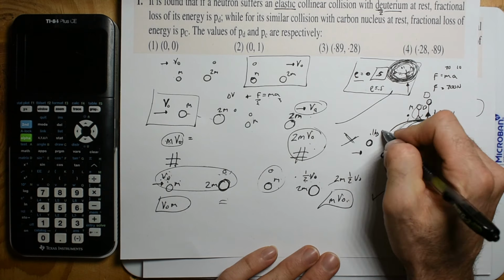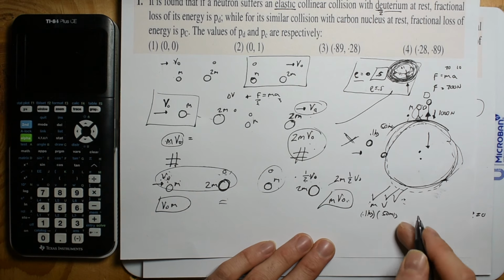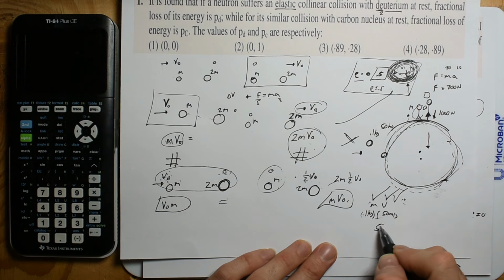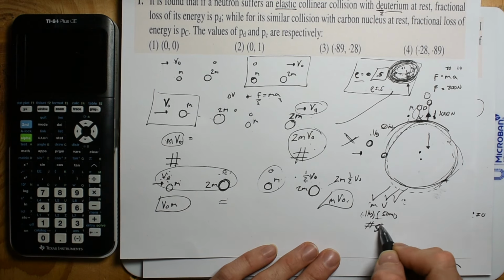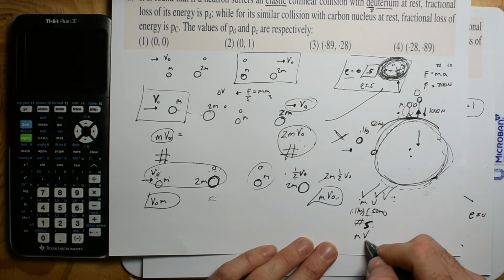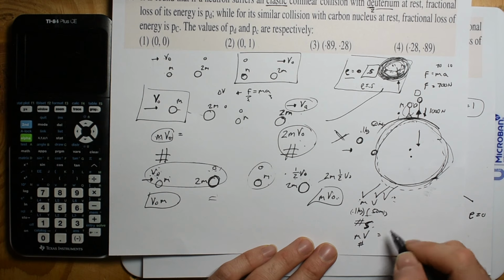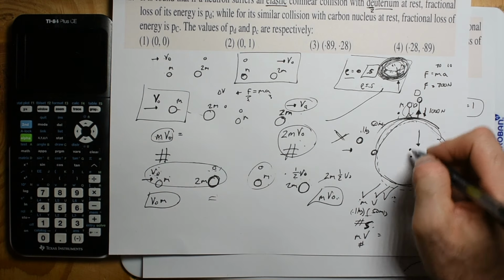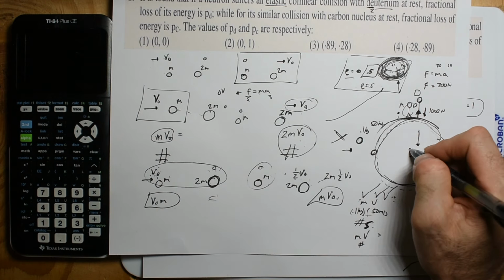So now you have a momentum of 0.1 kilograms times 50 meters per second. You have a mass and a velocity. And so you have a quantity here of 5. This number is 5.